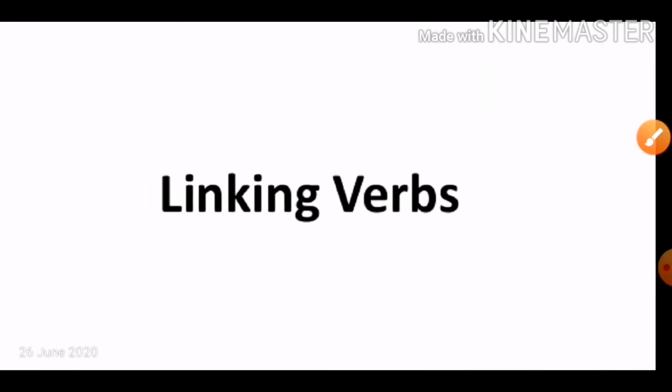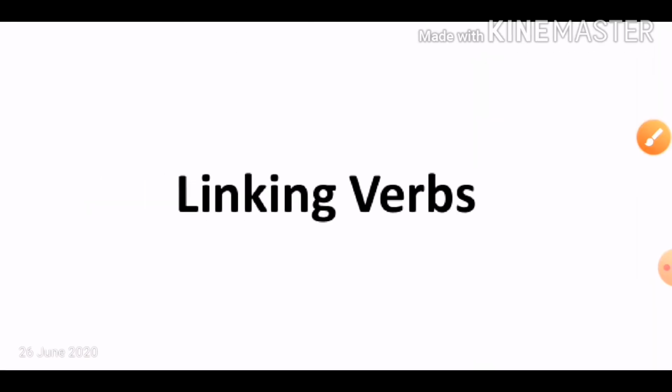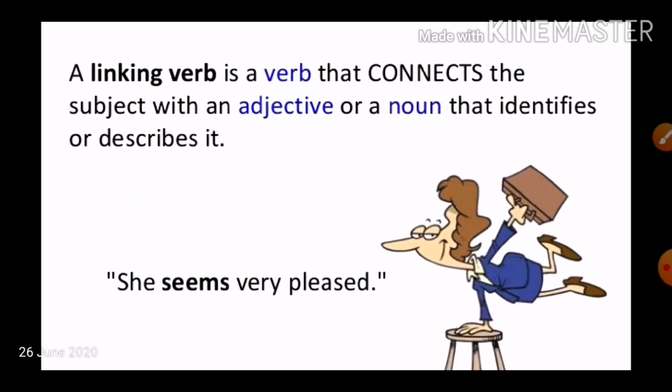Okay, let's move further. Now we have linking verbs. What are linking verbs? As the name suggests, a linking verb is a verb that connects the subject with an adjective or a noun that describes or identifies it.